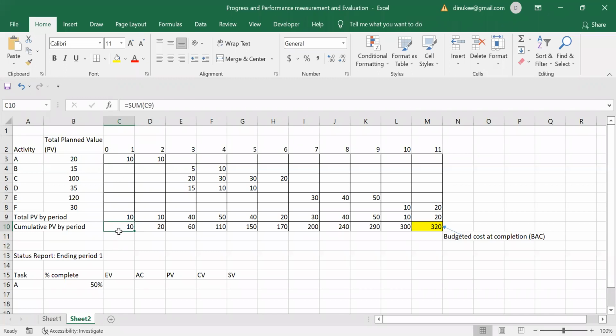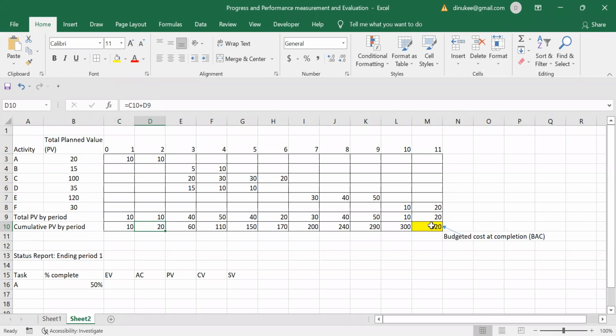If I go for the second year, at the end of the second year, it should be the summation of this 10 as well as this 10, as I am taking the cumulative plan value, right? So likewise, you have to take the cumulative at the end of each period, right?